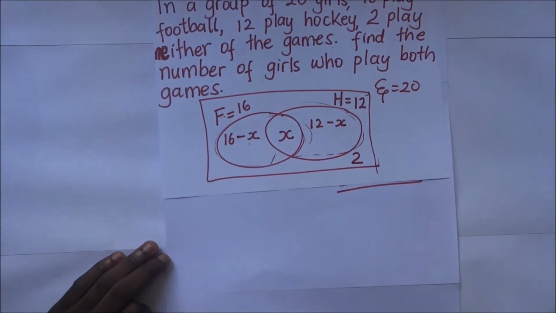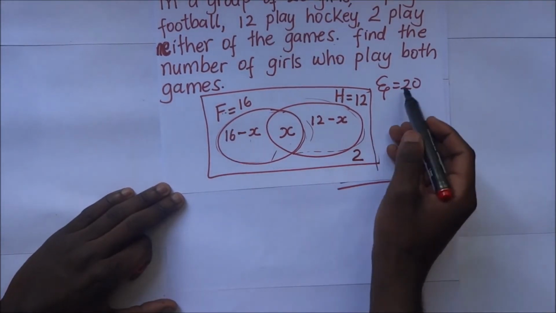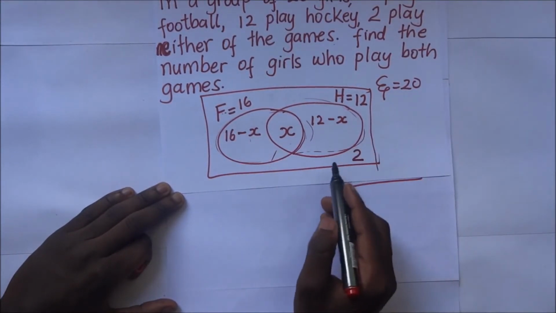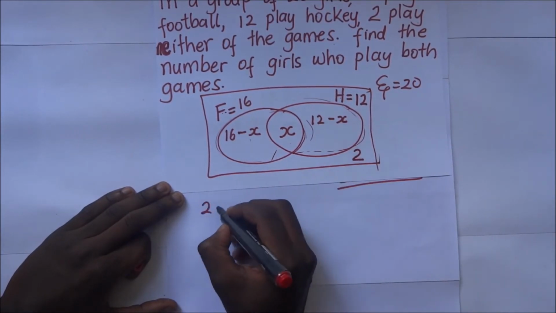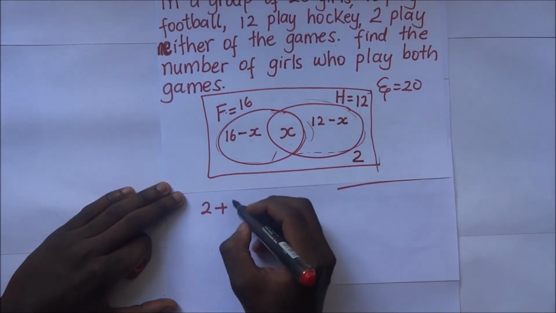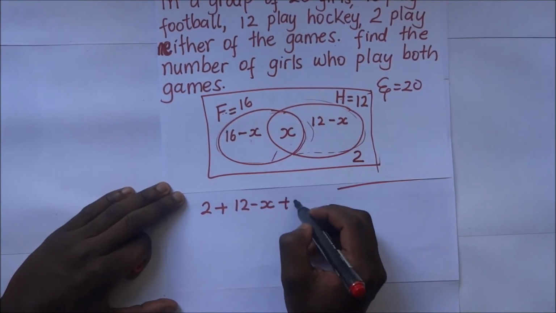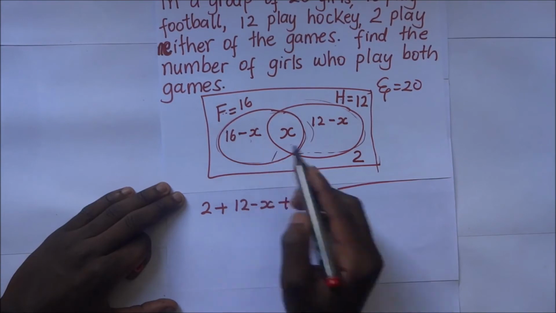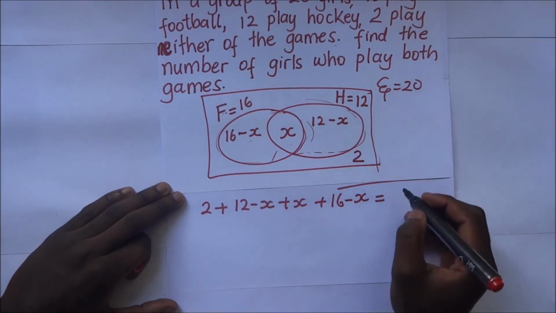So we begin. It's going to become 2 plus 12 minus X plus X plus 16 minus X is giving us 20.